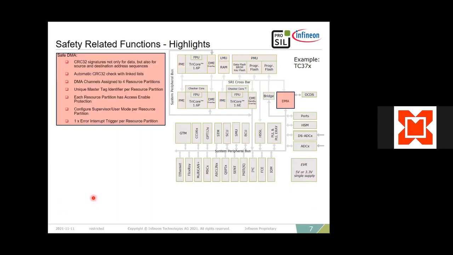Coming to the safe DMA, CRC calculation is done on the transfer data as well as source and destination addresses. So this is an automatic CRC check. The user doesn't have to do anything in their software. There is also enough partitioning done, and access protection is given in order to achieve freedom from interference in safe DMA.